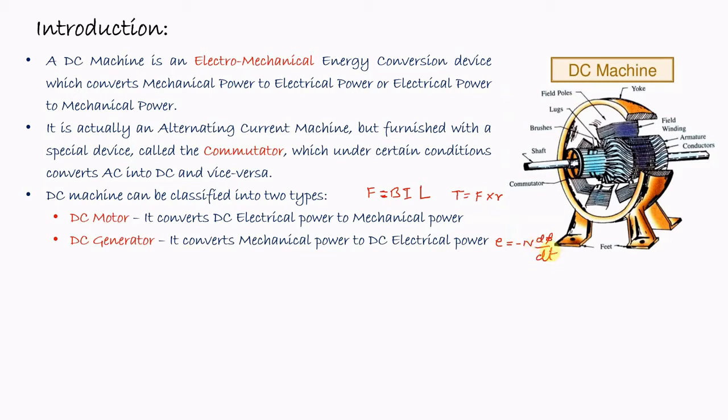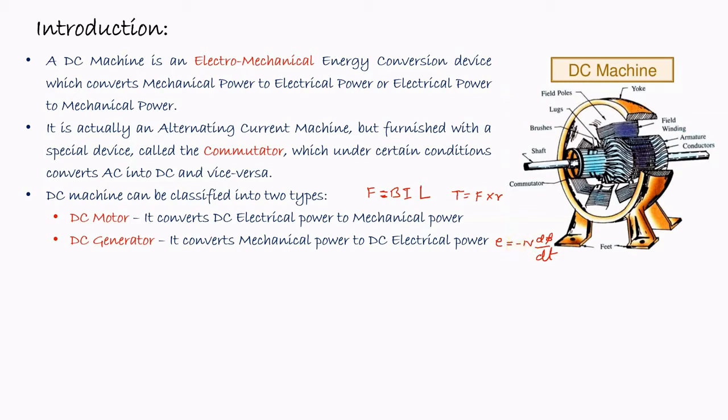So it states that if a changing flux cuts any conductor, then an EMF will be induced in the conductor, and the induced EMF will oppose its cause according to Lenz's law. That's why the minus sign is used here.